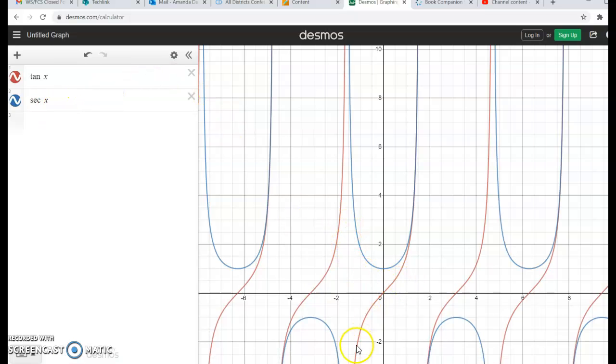And so if we look, here's tangent x in the red. This is our pi over 2 here. And then secant are these U-shaped parts of the graph, and that's in blue. And so as we approach pi over 2 from the left, both of our functions are going off to infinity.